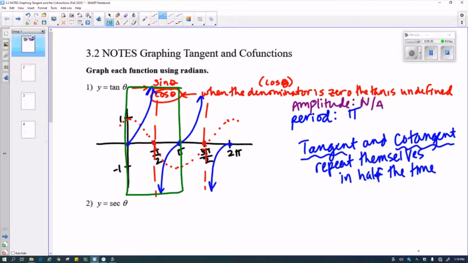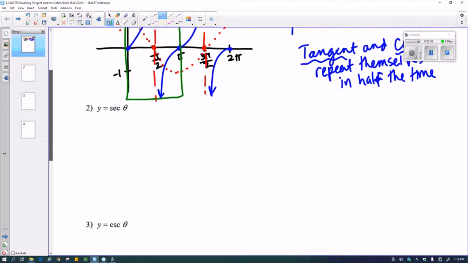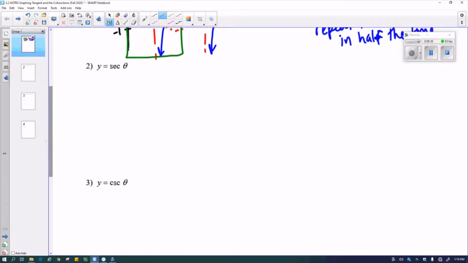Okay, so let's go on with secant, graph our secant graph. Again, I've got to consider the sine and cosine when I'm doing that. In this case in particular, this is 1 over the cosine.